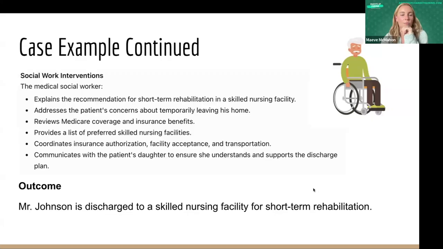And then in this situation, we could communicate with the patient's daughter to ensure she understands and supports the discharge plan. This would, to be clear, be with the approval of the patient. We're not calling people and disclosing medical information unless the patient is asking us to do so. And the outcome is Mr. Johnson is discharged to a skilled nursing facility for short-term rehab.